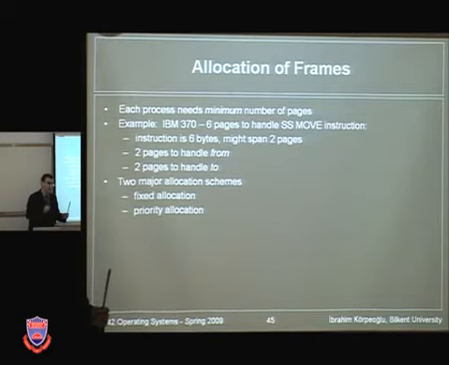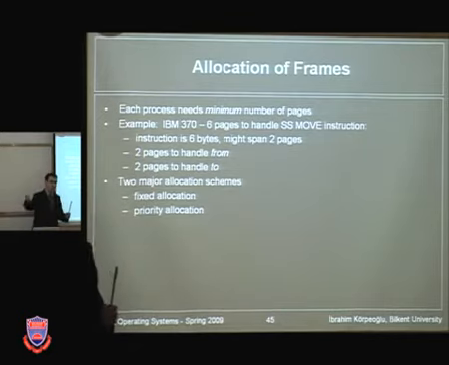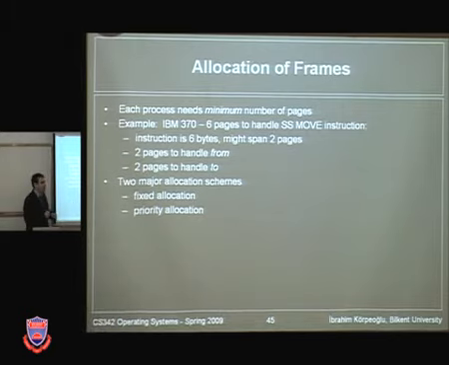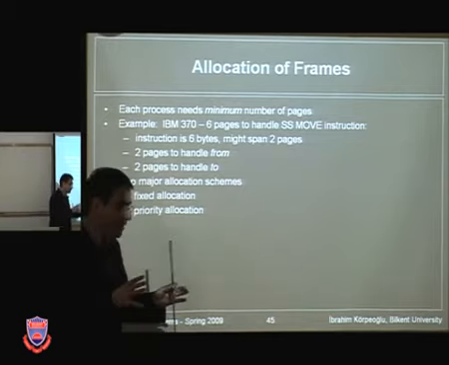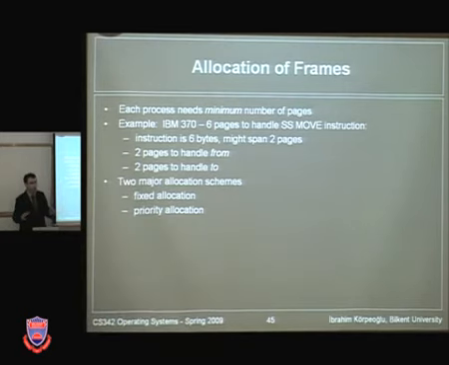Assume those frames are filled up. If the process would like to access a page that is not in those frames, then you go to the disk, bring that page, and put it into one of those frames. For that, you have to replace the content of one of those frames, of course. You remove a page first, and then you put the new page into the frame of the removed page. So far, we have assumed that we somehow allocate some number of frames to each process.